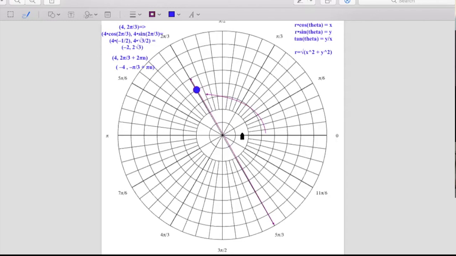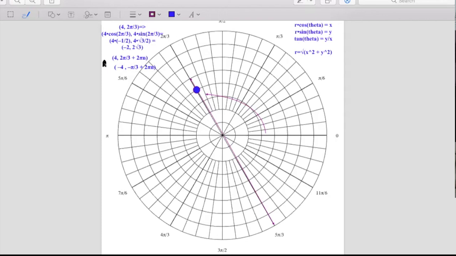Or if I really wanted the ultimate cruelty, I would say, okay, spin around the other way 8 times, and then go one more negative pi over 3, and then walk backwards 4 spaces. No matter what I do there, I'm going to get you to the same point. And this should be 2 pi n here.